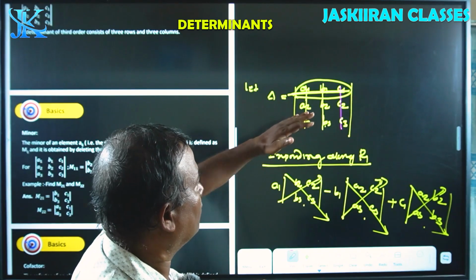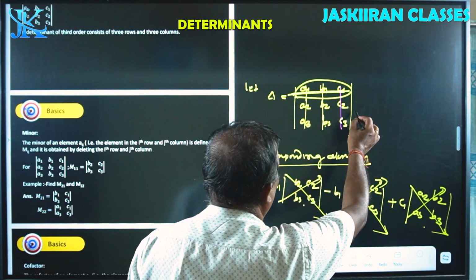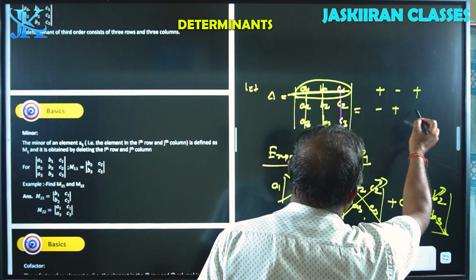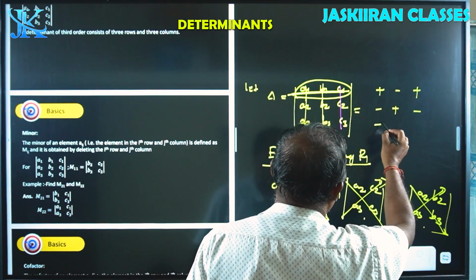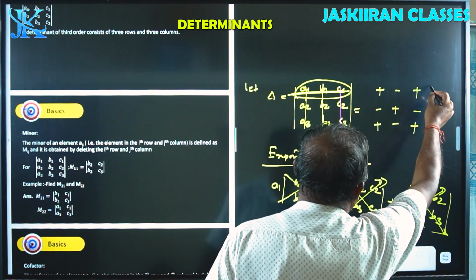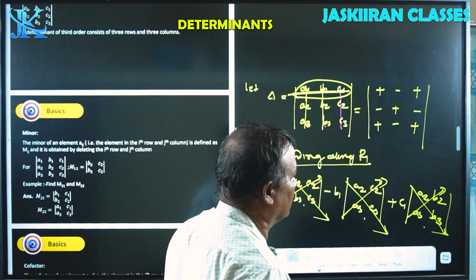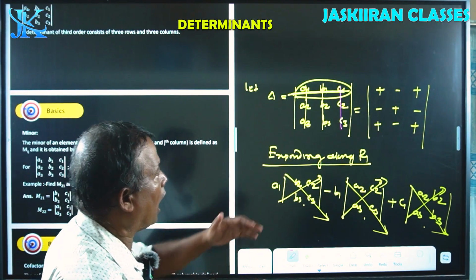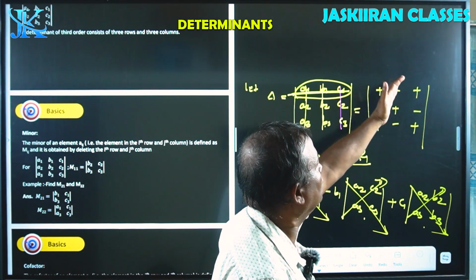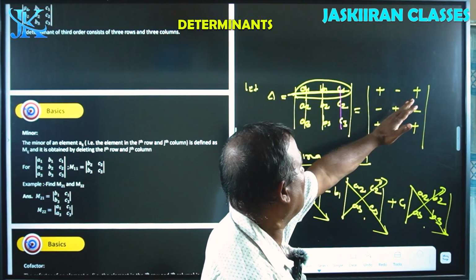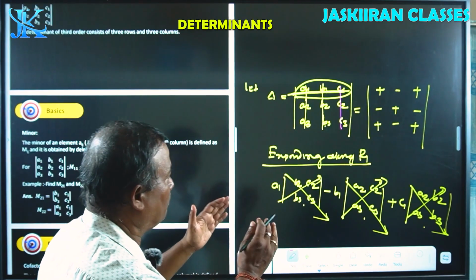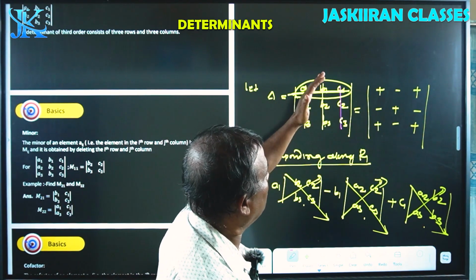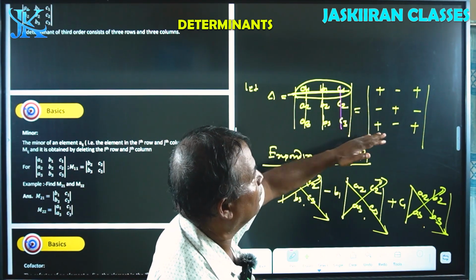Whenever expanding a third order determinant, we have to remember the signs of the elements: plus, minus, plus, minus, plus, minus, plus, minus, plus. Now let us see how it is plus and how it is minus.